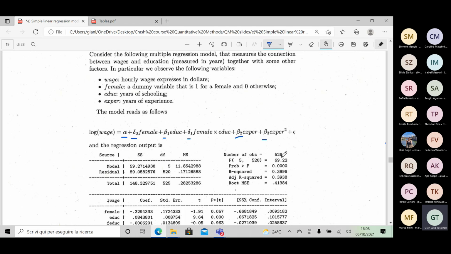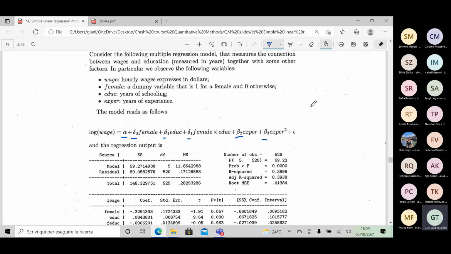Suppose you have a given sample, put into your data set; this was performed with the software called Stata. You put in the observations for each individual concerning the logarithm of the wage, the gender, the education, the product between female and education, the value of the experience and the value of the experience squared, and order the software to provide the OLS, ordinary least squares, estimation of this model.